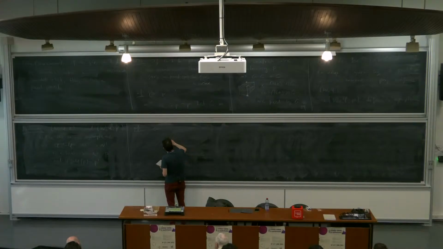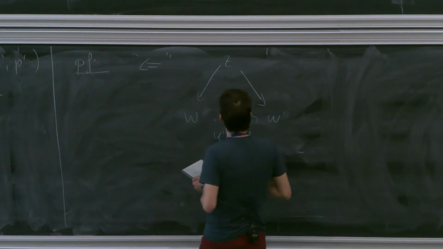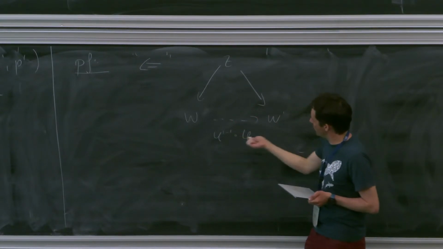So, okay, what we do is we have here our surface W, and here we have our surface W prime. And then here we have our map phi prime inverse composed with phi. And now what we do is we look at the Tarski decomposition here of this birational map.